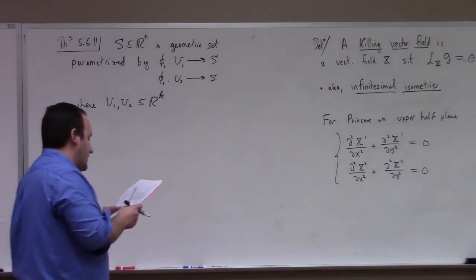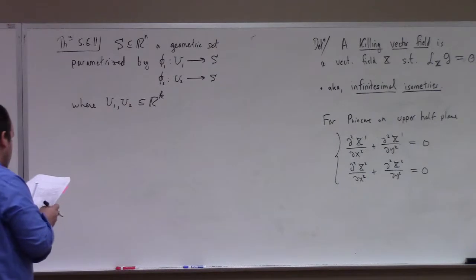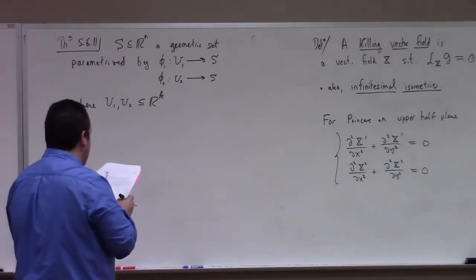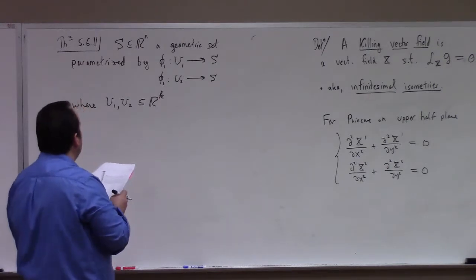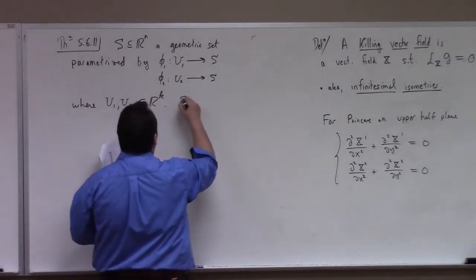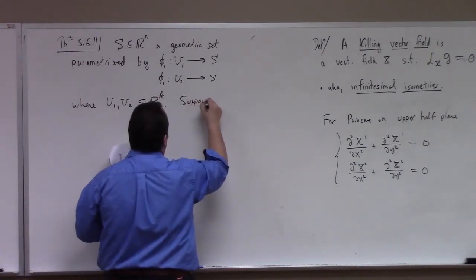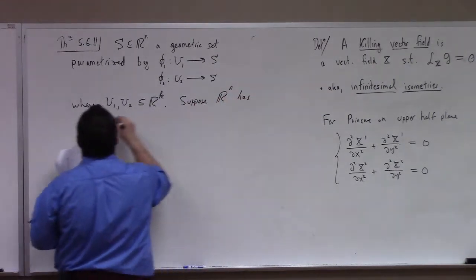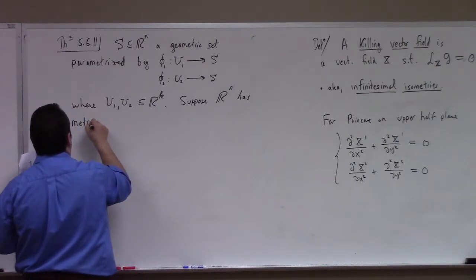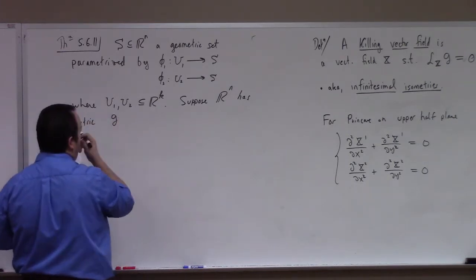And he supposes that he has a Riemannian metric G on Rn, all right? So he says, suppose Rn has metric G, all right?